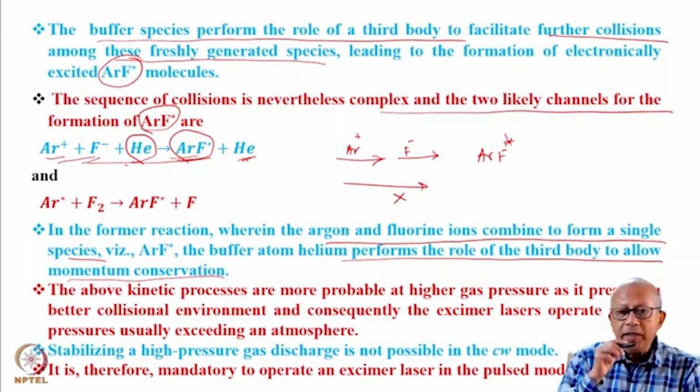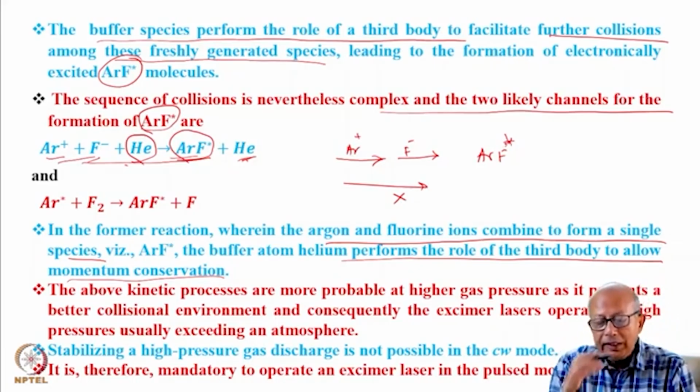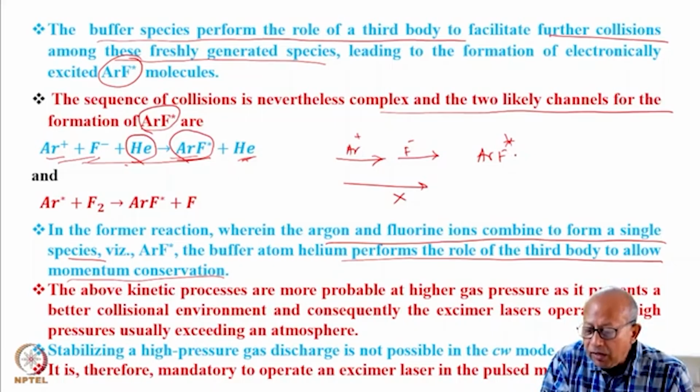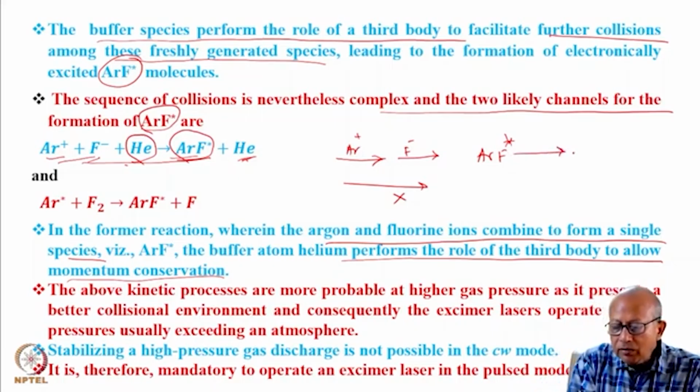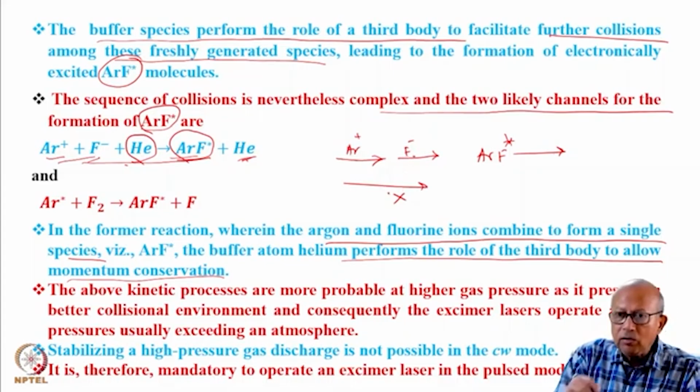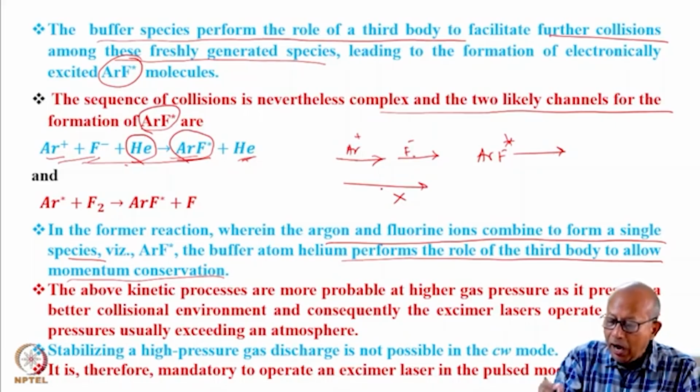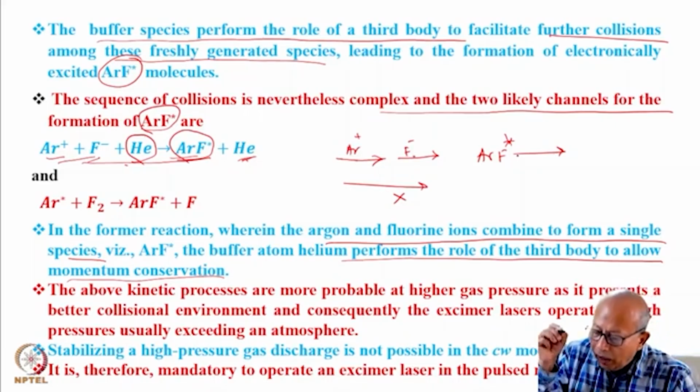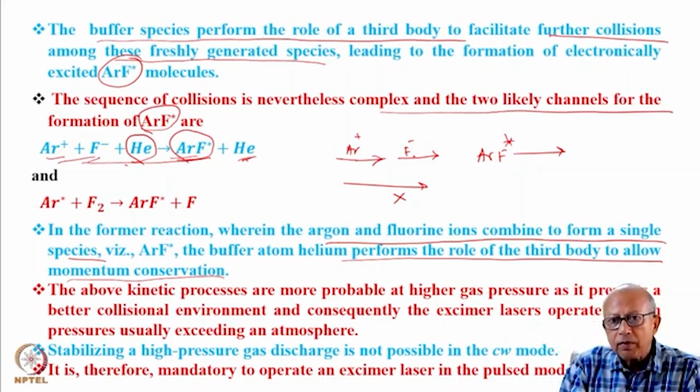Now, if momentum has to be conserved in this scenario, it can be conserved if and only if the argon fluoride also travels in the X direction, because both these atoms have momentum in the X direction. So in order to conserve momentum, argon fluoride will have to travel in the X direction.